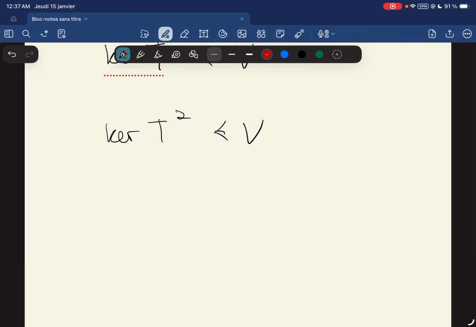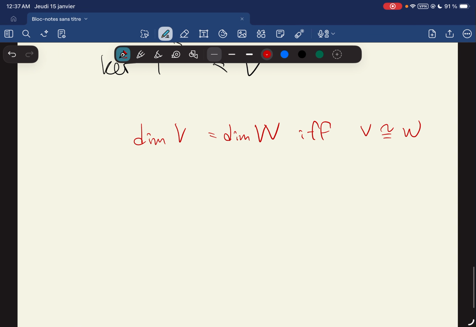So we can use the following fact, which I will not prove because the proof is tedious and somewhat obvious: the dimension of V equals the dimension of W if and only if V is isomorphic to W. You can prove it just by using the definition of dimension and isomorphism. For this fact we do not have to assume that V and W are finite dimensional, but in this case V is finite dimensional.